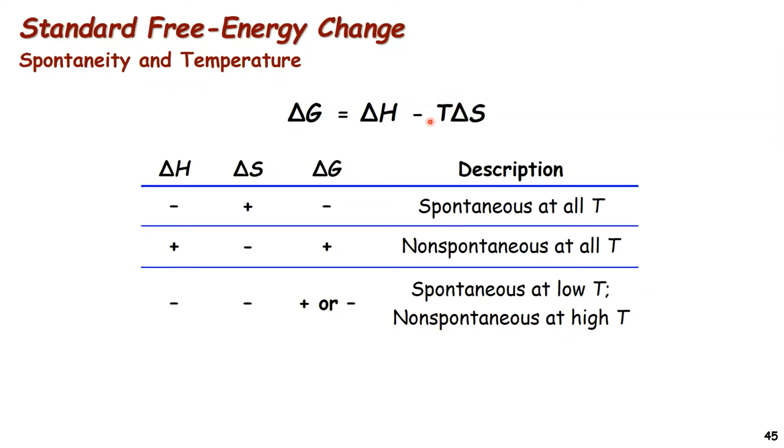Because if I raise the temperature, this positive term is eventually going to be greater than this negative term, and the change in free energy is going to be positive, and therefore it's going to be non-spontaneous at high temperature.